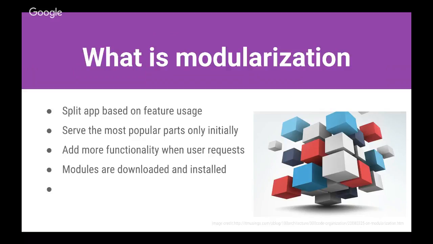By modularization, what I mean is to split your app based on feature usage. Assume you have an app for blogging, where somebody can read posts. Certain users, once they log in, can write posts, and can chat with the support team.